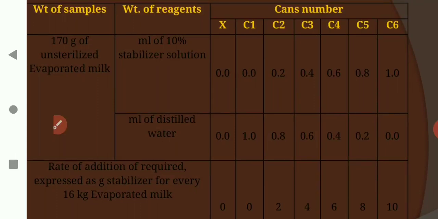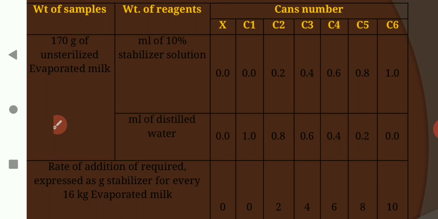It depends on your can size, and they'll add the stabilizer solution plus water. The quantity of the solution will be same. Like if you're adding 10 ml, the concentration of stabilizer salt will vary. So you are adding different concentration to different cans.